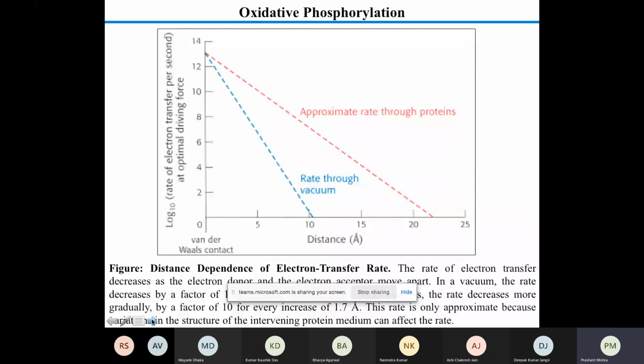It can happen in vacuum, but in the case of a protein, the electron transfer rate decreases by a factor of 10 for every 1.7 angstrom increase in distance. What it means is that if the proteins are far apart, the electron transfer rate will be very, very slow. That is why in the electron transport chain there is not one protein, there are several small proteins associated together, and that's what makes the electron transport chain.